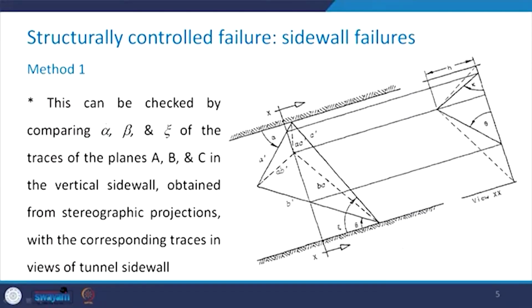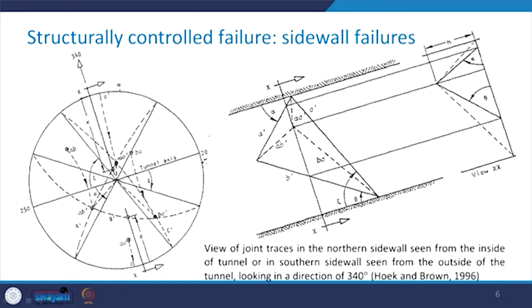Now, it can be checked by comparing these 3 angles alpha, beta and zeta of the traces of the planes respectively for A, B and C in the vertical side wall, obtained from the stereographic projections, with the corresponding traces in the views of the tunnel side wall. Again, we take a look at both the views together.